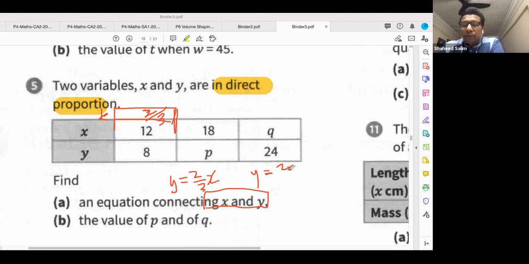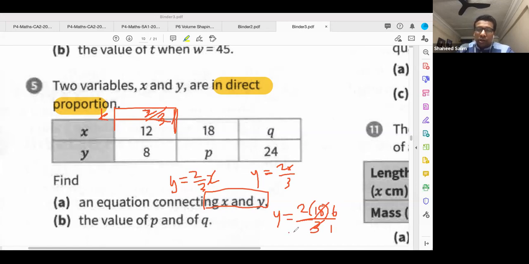Because the X in the center belongs to above. Now you find out what is Y. So for the first one, Y equals 2 times 18 over 3. 18 divided by 3 gets 6.